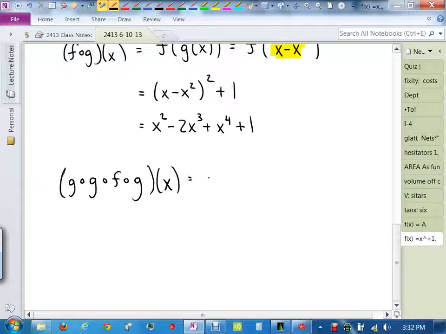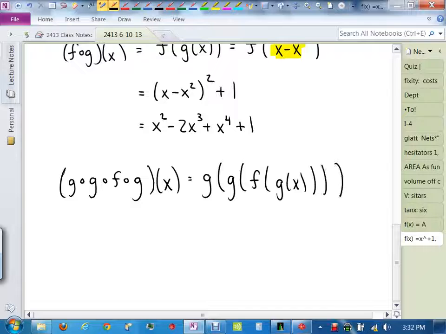This would mean g goes inside, well, we have g inside of f inside of g of x. So g, g, f, g. So g goes inside of what first? f. That answer goes inside of g, and that answer goes inside of g.